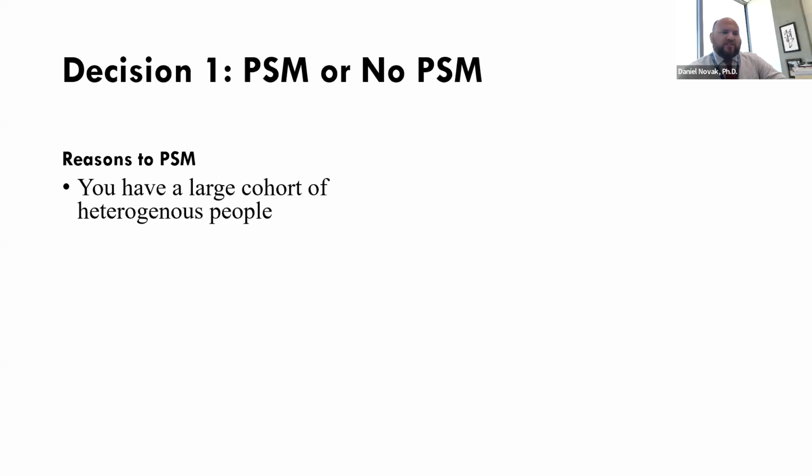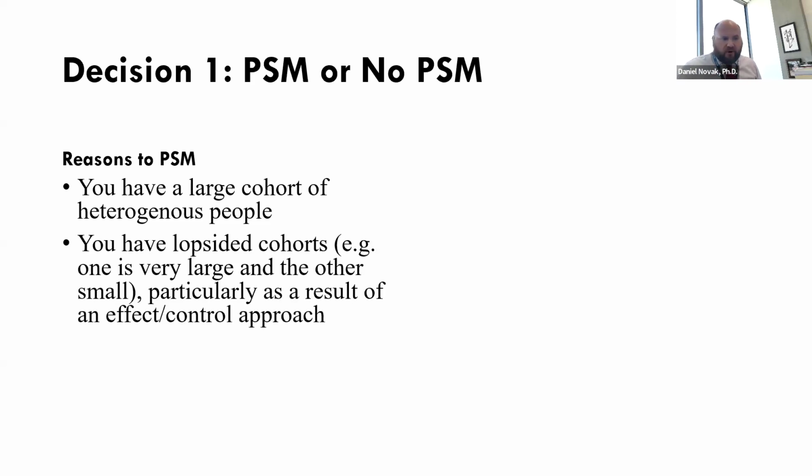Reasons to propensity score match: you should consider it if you have a large and heterogeneous group of people, with lots of random chance in there that's messing up your analysis, and you really are just finding out that cancer patients have higher rates of infection than non-cancer patients, and that's not really what you're actually asking. You could have lopsided cohorts, that is, one is very small, 3 million people in one and 50,000 in another.